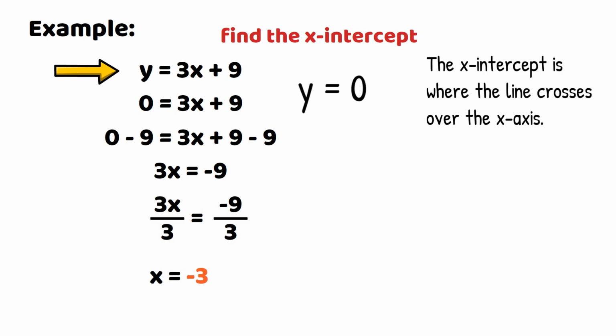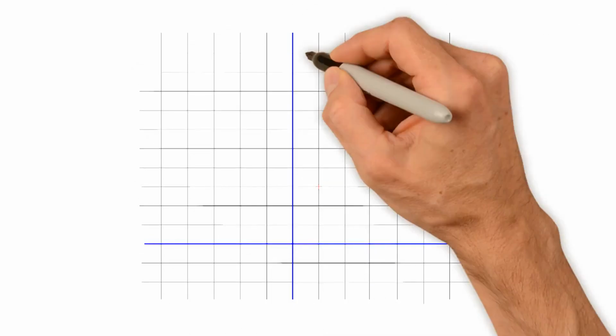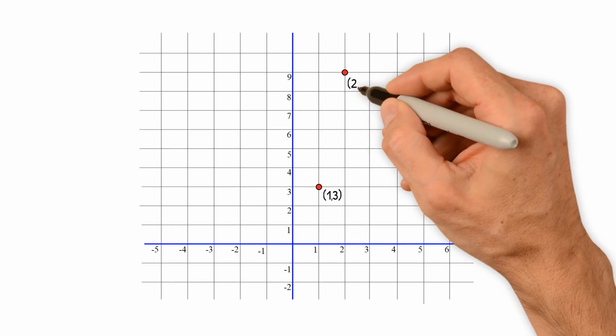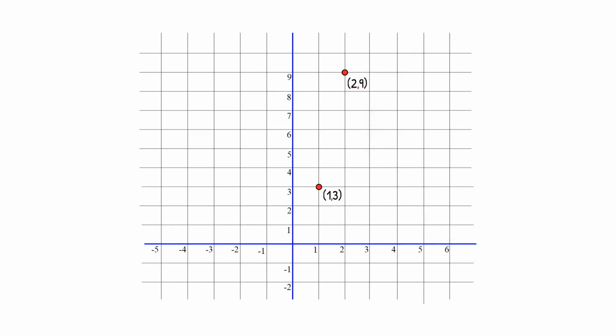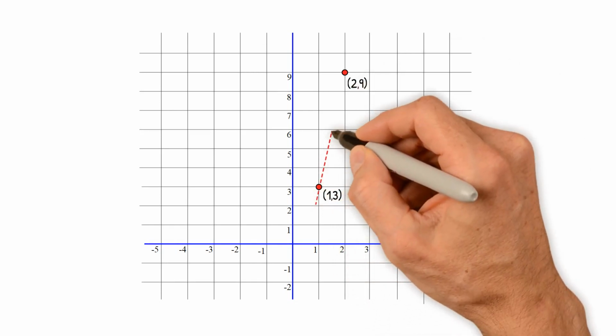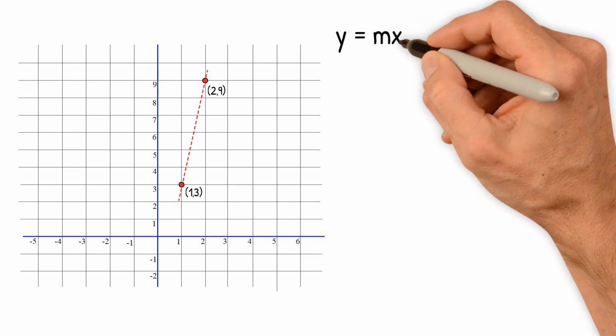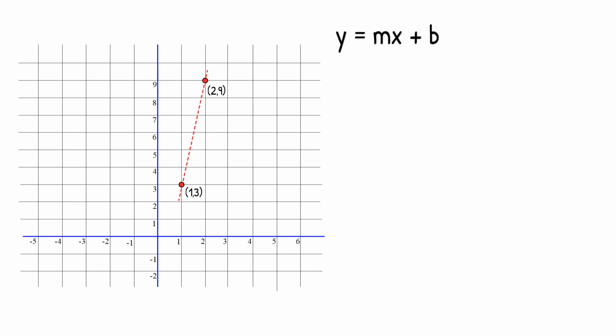What about if you have 2 points and you want to deduce the equation from them? Let's look at an example. Let's say we have a line with the points 1, 3, and 2, 9. Since we're given 2 points, we can draw a straight line through them, and we are asked to find an equation for this line. We know the equation of a line is in the form y equals mx plus b.